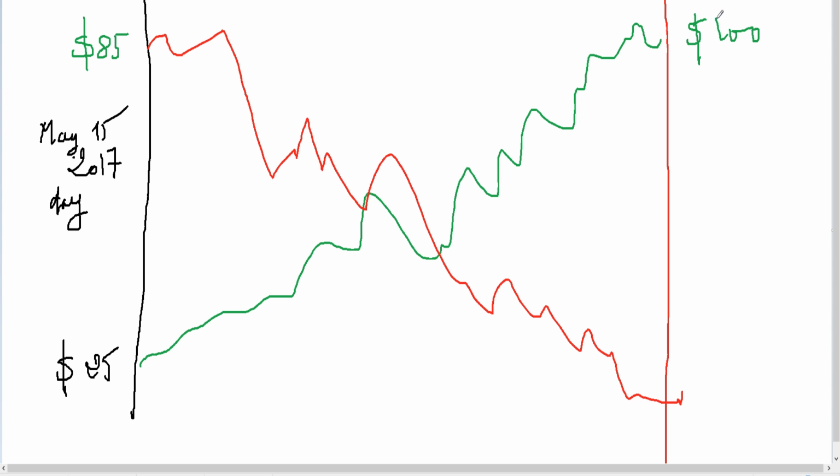Just an example, it could be less, could be more. And the stock which was $85 is now $45.